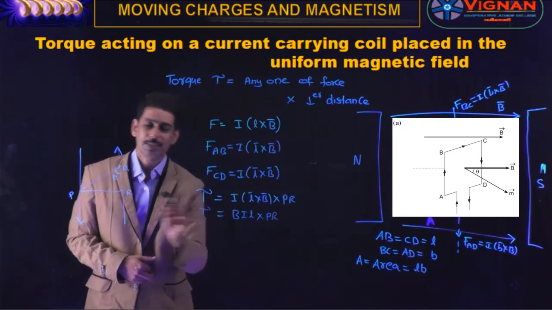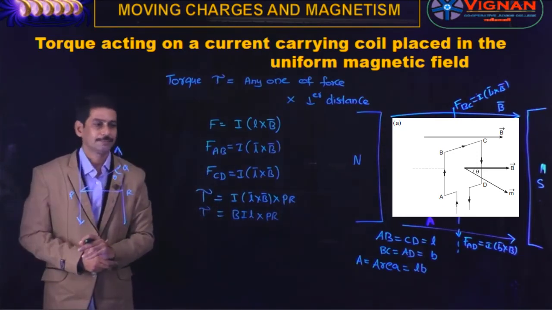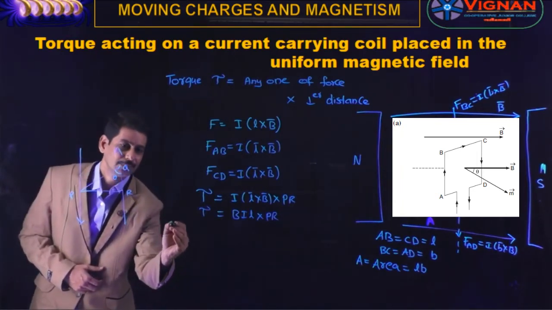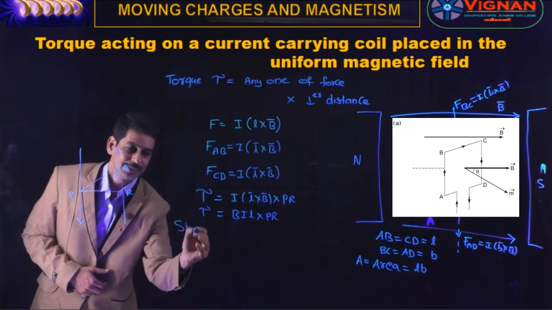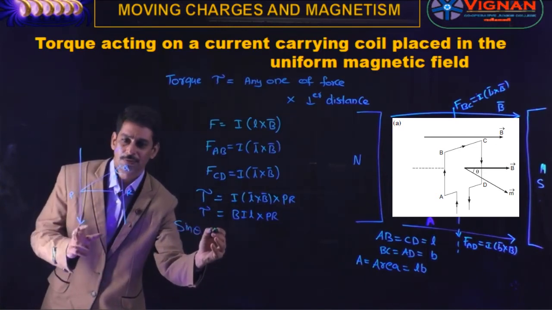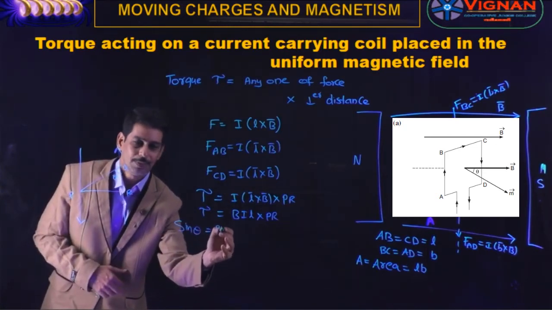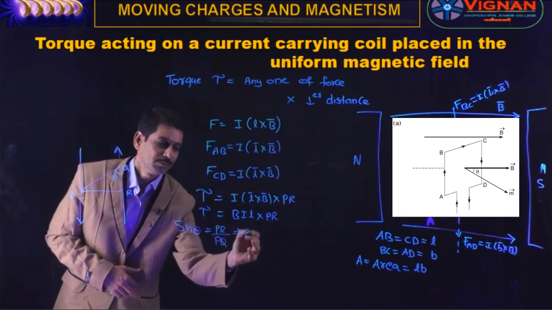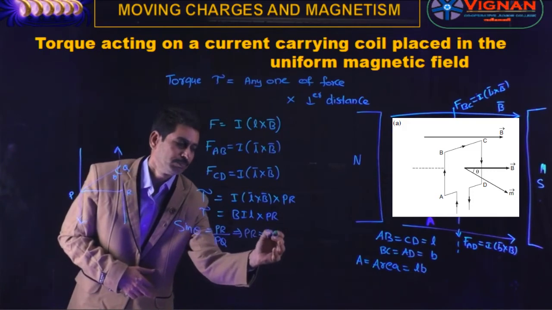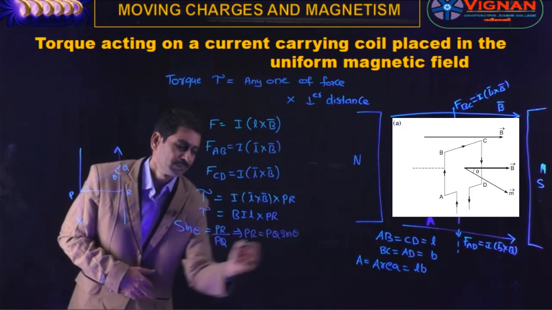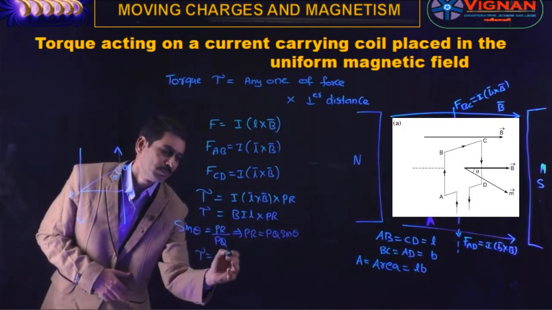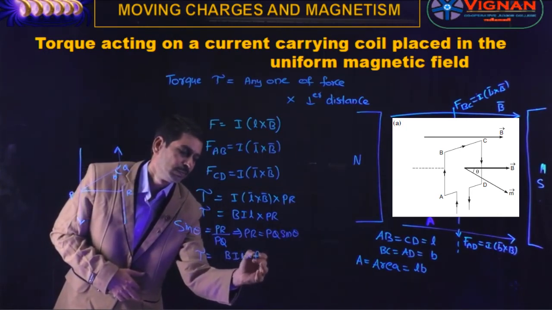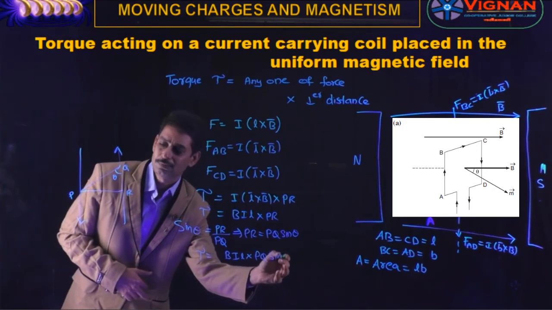Now by using this diagram we can find PR. By applying sin theta, sin theta is nothing but opposite by hypotenuse. So PR by PQ. So from this we get PR is equal to PQ sin theta. So torque tau is equal to BIL into PQ sin theta.